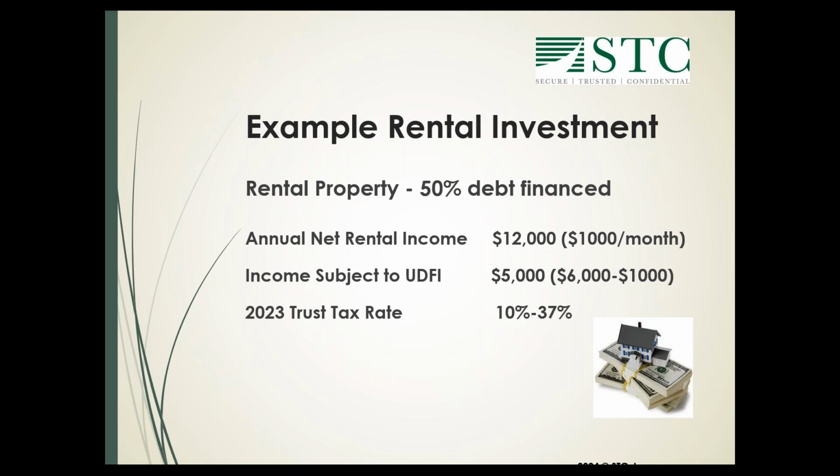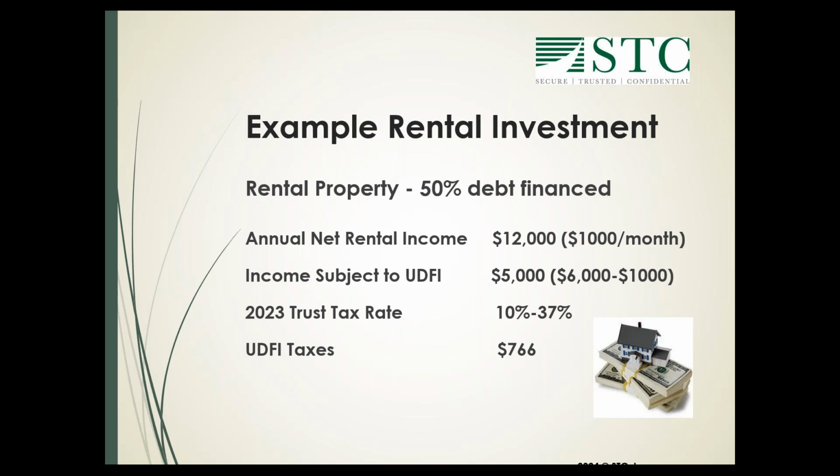Here's another little note: the 2023 and the 2024 trust tax rates are the same. It's a graduated tax, 10 to 37%. However, the graduated levels have changed somewhat. So these are the actual 2024 calculated taxes.